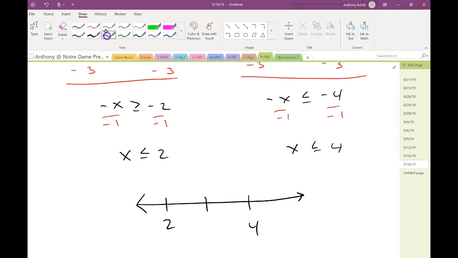So, x is less than or equal to 2, so I have my filled-in circle at 2. Look at what happened here. And flip it. And then less than 2 is that. Filled-in circle at 4. Greater than 4 is like that, so this is the or situation.